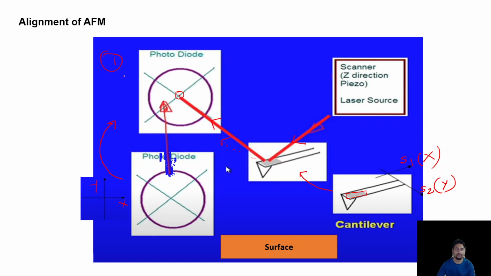We need to fall this laser light onto the reflection plate of the cantilever. Then the photodiode needs to be aligned to the reflected beam position. Then after that, this whole aligned setup needs to be moved towards the surface, and this is done by a stepper motor.